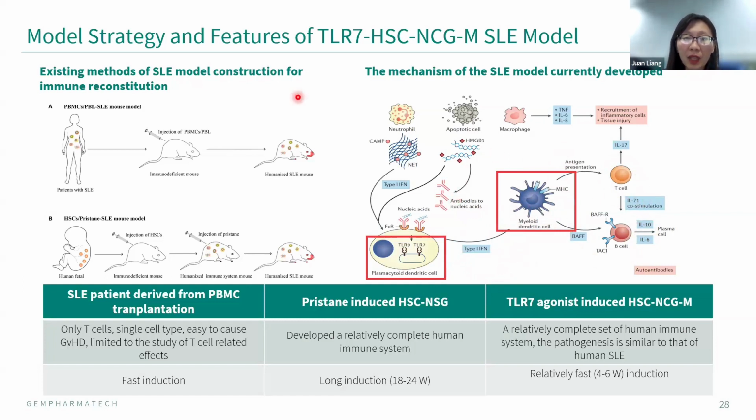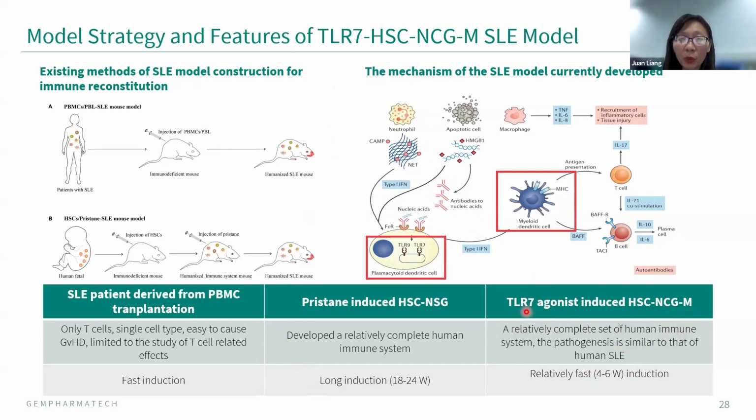Based on this mechanism involved in the development of SLE, we try to mimic a similar mechanism in our mouse model to reflect the phenotype and also the mechanism that happens in patients. In this model, we transplant human HSC into NCGM mice, and then we use a TLR7 agonist to activate the PDC cells.